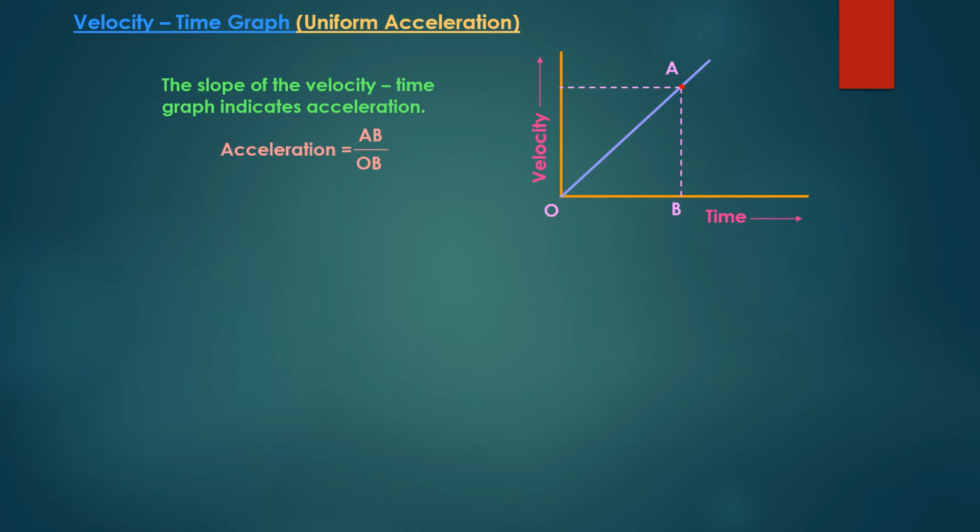But here, the slope of a velocity time graph indicates acceleration. In the distance time graph, it was speed or velocity, whereas in velocity time graph, the slope of the graph indicates acceleration.